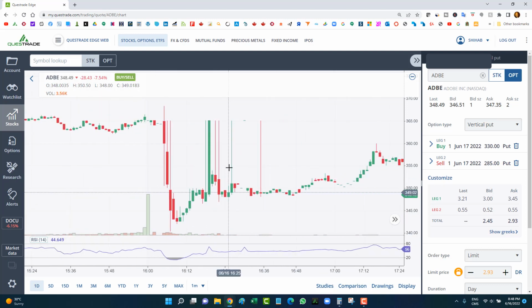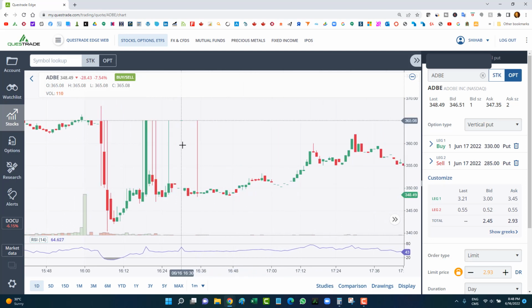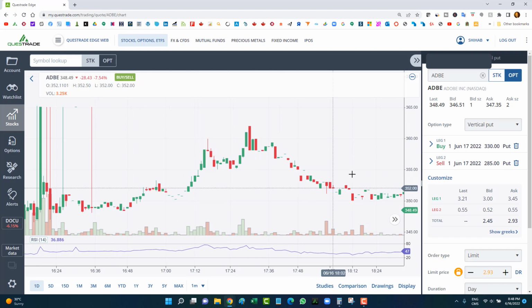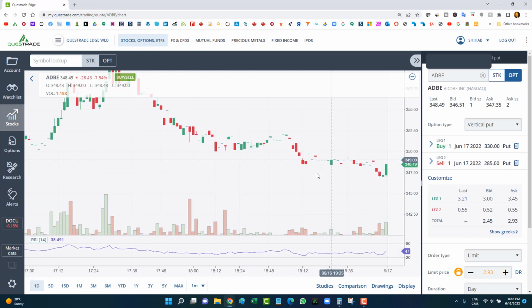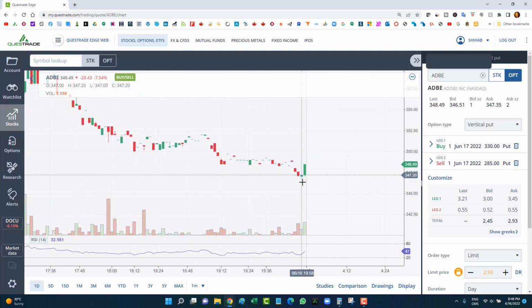But then it came back up, the highest it traded was 365, and then came back down again towards the end of the night. Right now the last trading price is around 348. Hopefully it stays around that price tomorrow pre-market.